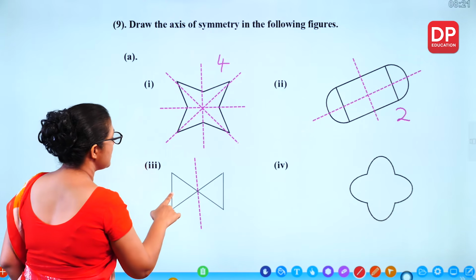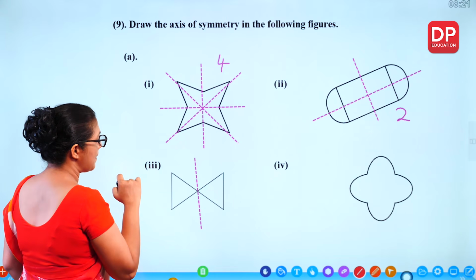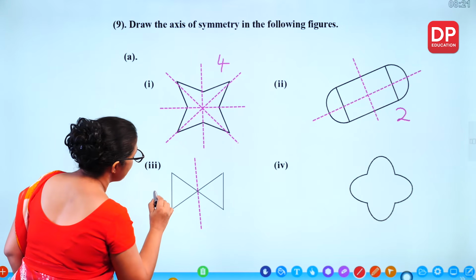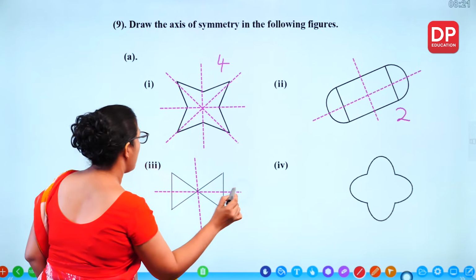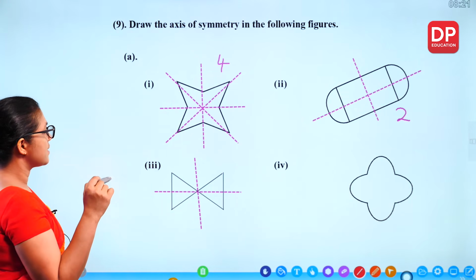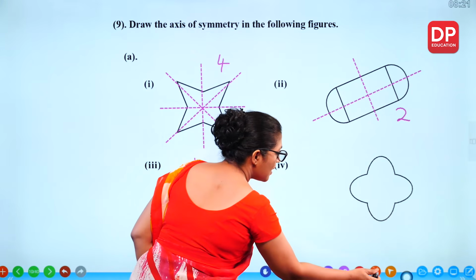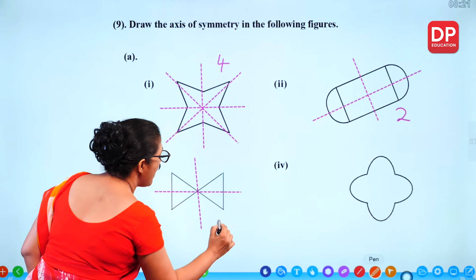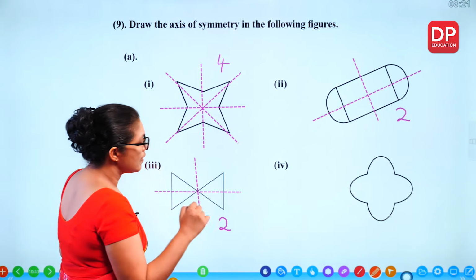We have to assume this side is equal to this side and all these sides are equal. Then this way also possible. I can divide into 2 equal parts. So how many axes of symmetry? 2.